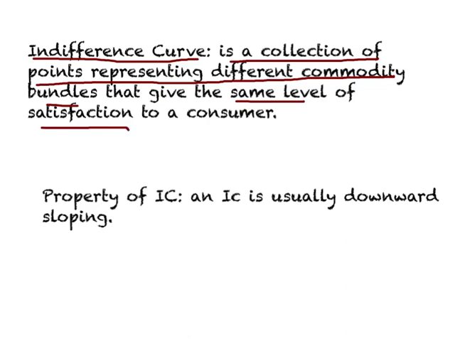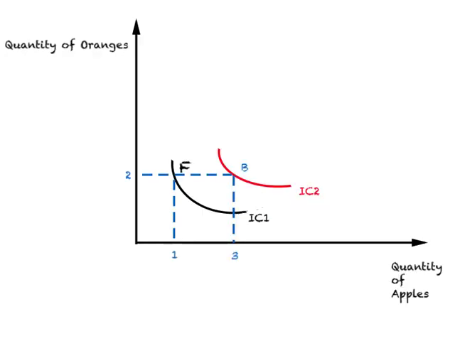And based on the previous diagram, you already know the first property of an indifference curve, and I'll be using IC in short in place of indifference curve. And what we find is an indifference curve is usually downward sloping, and this is the first property of an indifference curve.